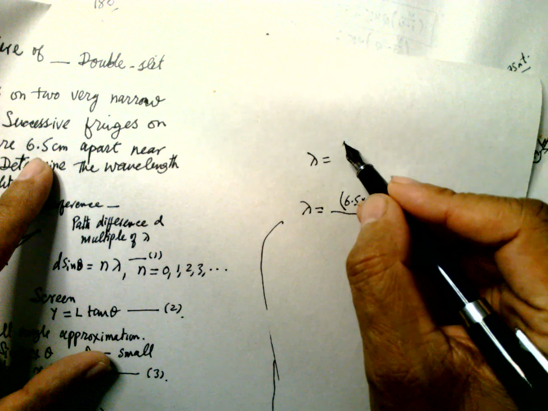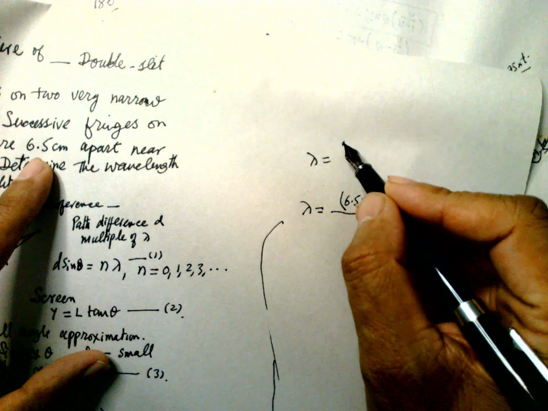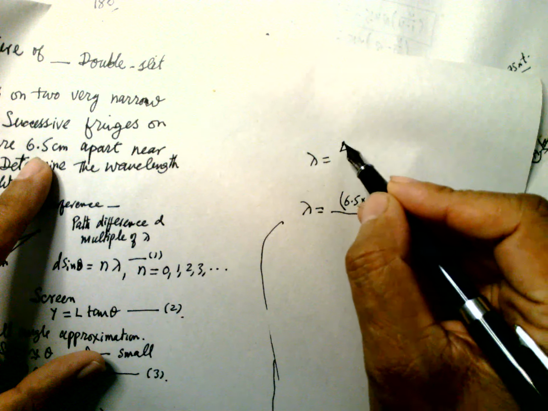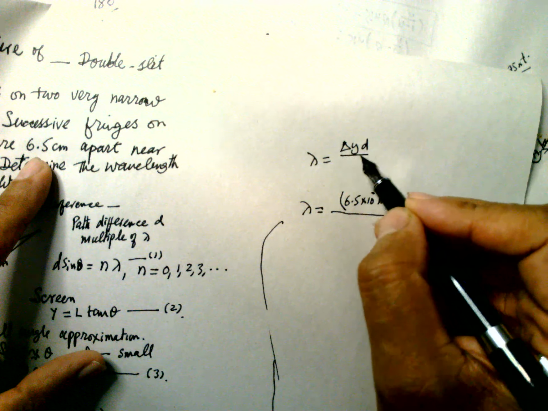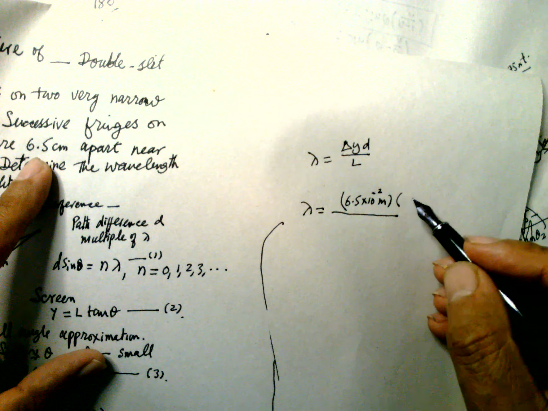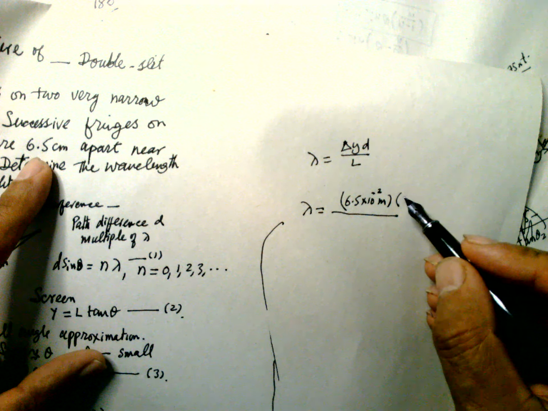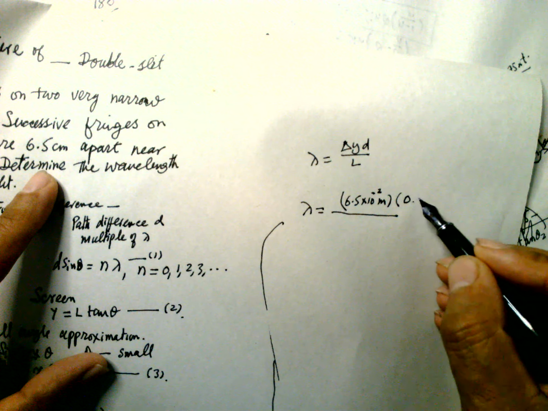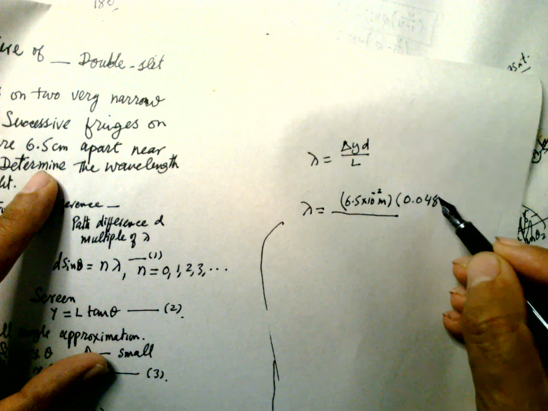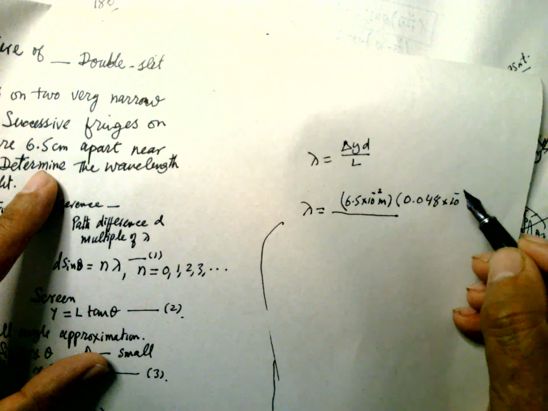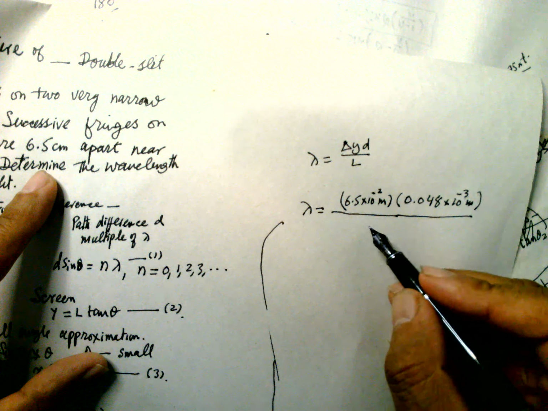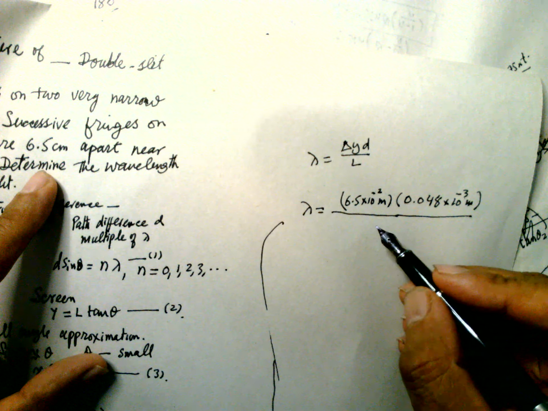So lambda is equal to delta y d over L. d is the slit spacing, which is equal to 0.048 millimeter, that is 0.048 into 10 to the power minus 3 meters, over L. Length is 5 meter.